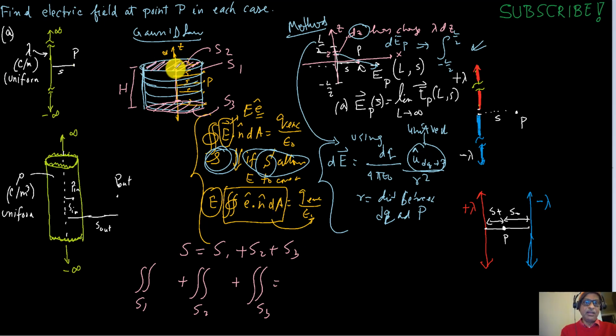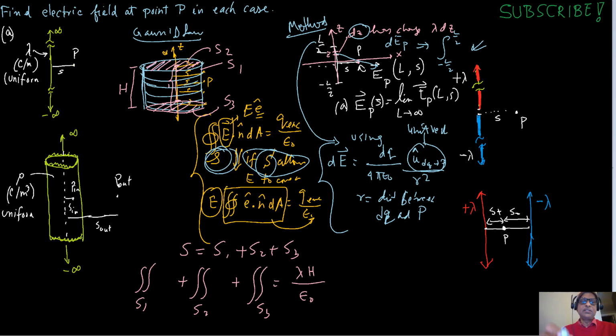The wire is lambda per unit length, so lambda h will be enclosed over epsilon naught. So now I need to somehow process these integrals in this fashion, right?